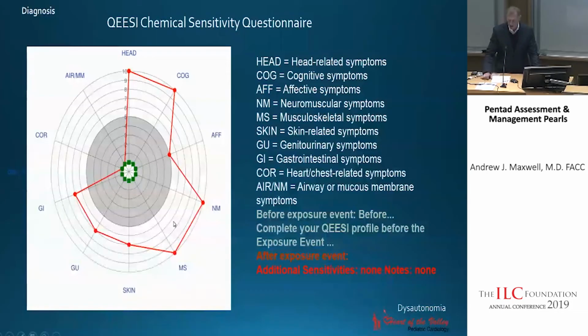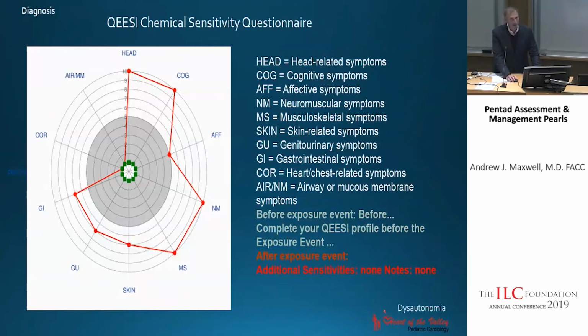I also now do this thing called a QEESI chemical sensitivity questionnaire as a way to have kind of a heads up on how bad a person's mast cell disorder might be. This is something started by Claudia Miller. You can look online for the QEESI questionnaire, and you can actually fill out your own online, and it'll produce a nice little graph like this, and you can even forward it to whatever provider might be interested.